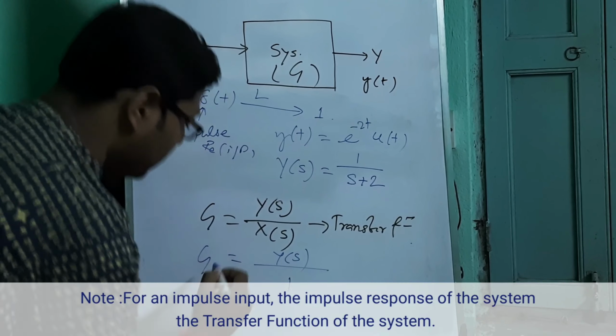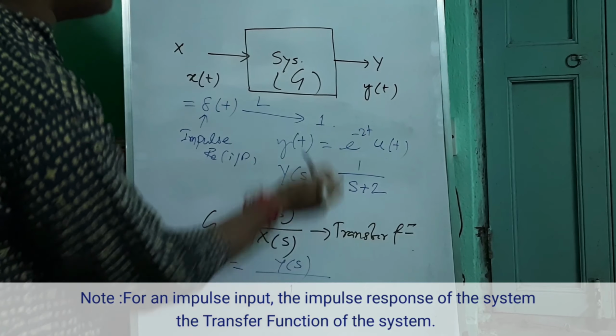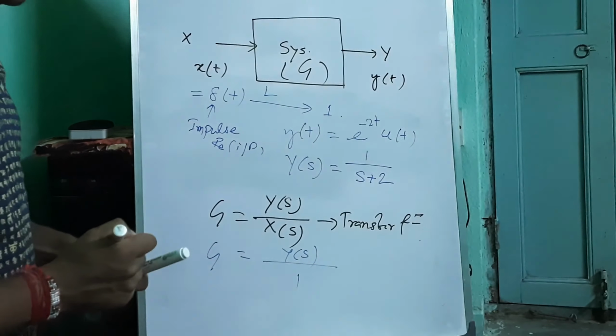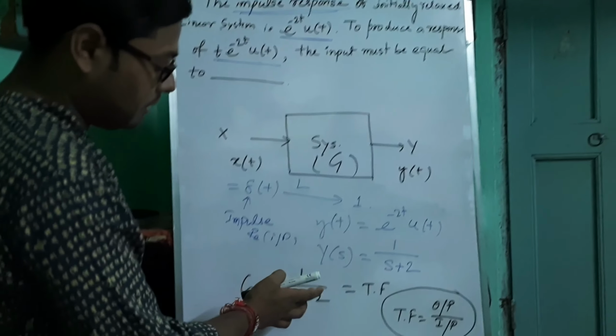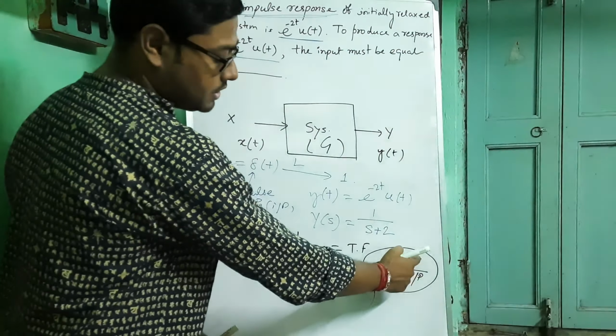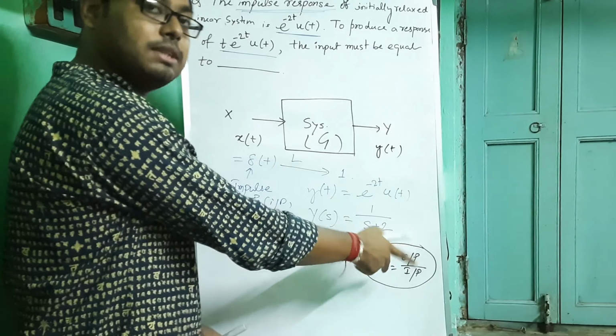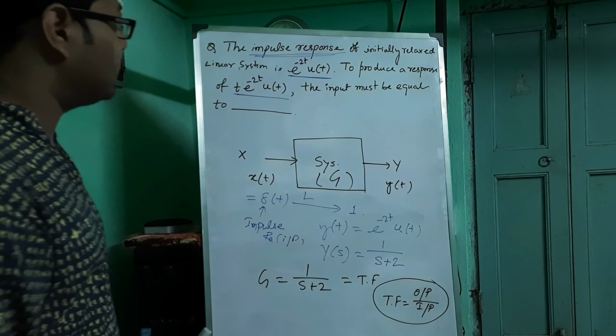So for this case the transfer function of the system is nothing but the output. The transfer function of the system is 1 by s plus 2. Here we can see the transfer function equals output by input in the Laplace domain. So the first statement we have already done.